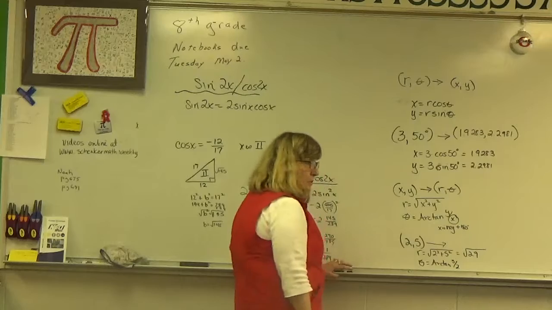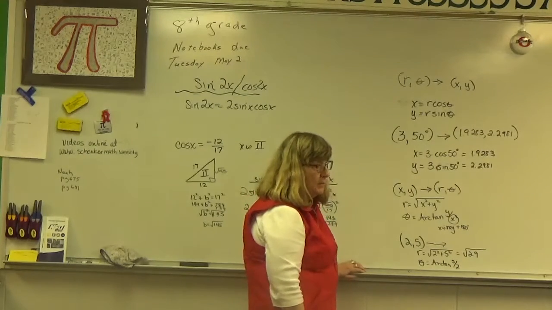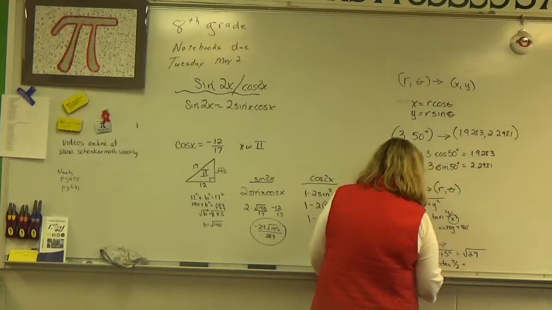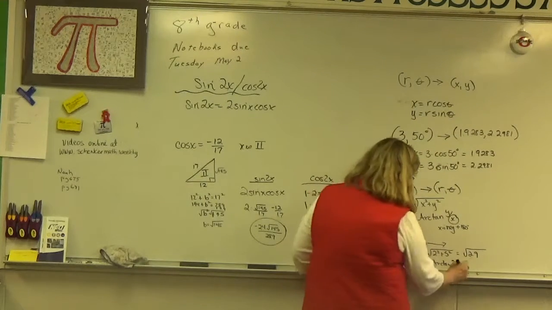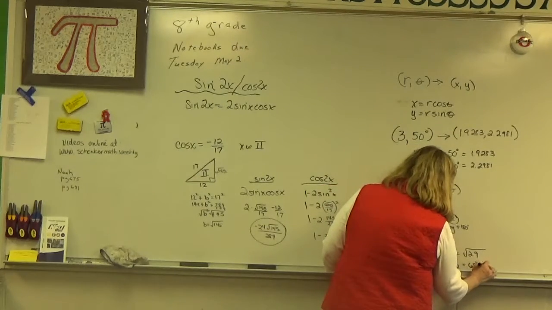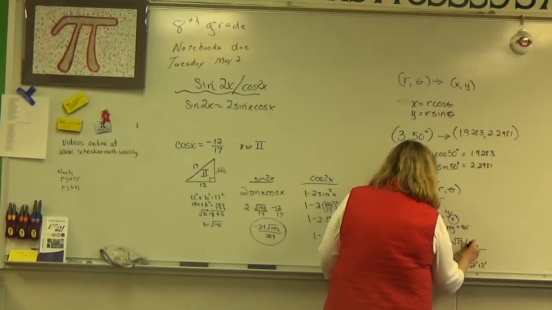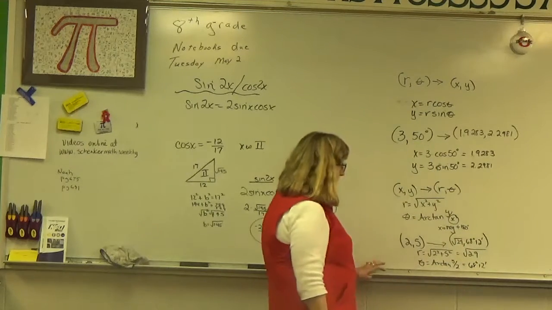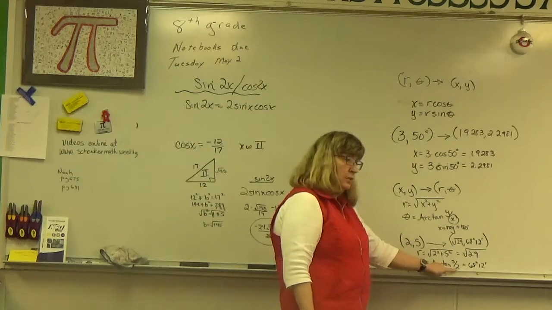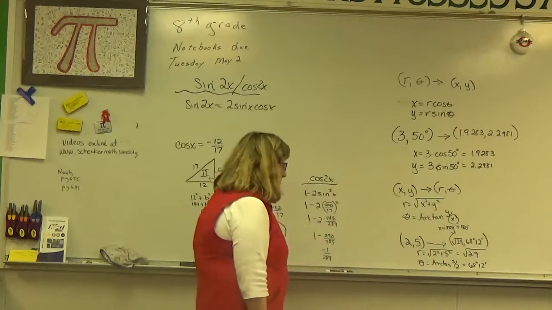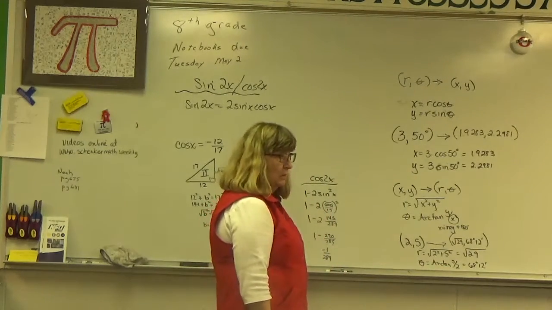So 5 divided by 2, and then you need to change it to degrees, minutes, seconds. So our answer is the square root of 29, 68 degrees, 12 minutes. And that was found by taking 5 divided by 2, hit equal, second tangent, and then degrees, minutes, seconds. So very good there.